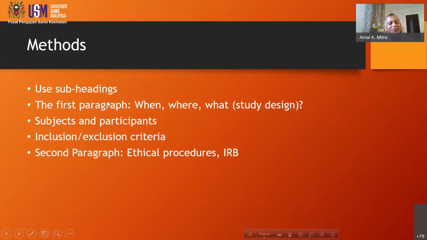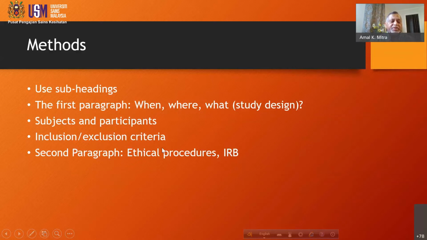So this is my first paragraph, or you can say 1 or 2 paragraphs. And the following paragraph, here I said second paragraph, but it can be third paragraph also, depending on how much you describe in the first paragraph, is the ethical procedures. Most of the studies we do, we must follow certain ethical procedures.